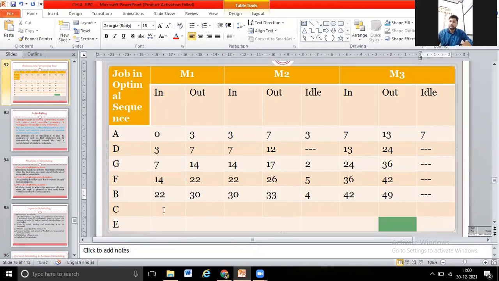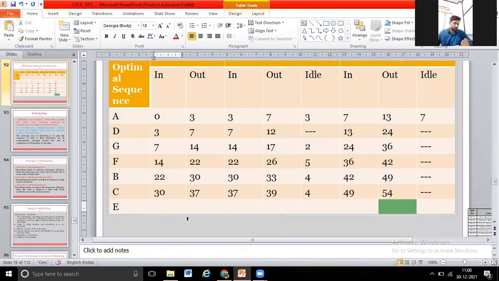Then for the C job, 30 hour will be the in time, 37 hour the out time. Then 37 hour in time, 39 hour out time, 4 hour idle time. Then 49 hour in time, 54 hour out time.